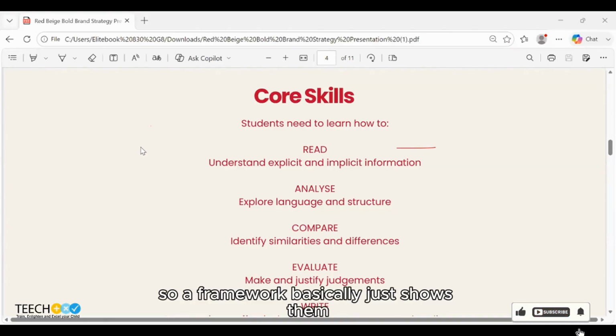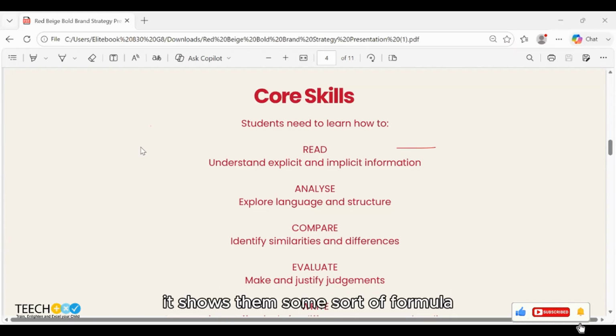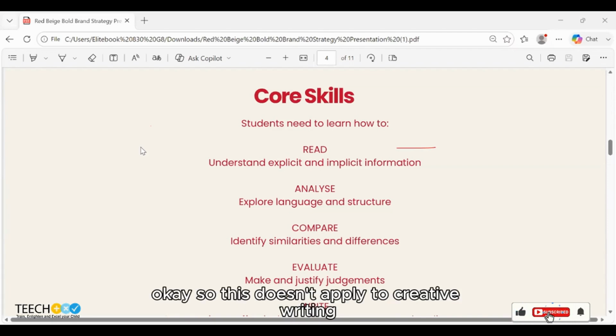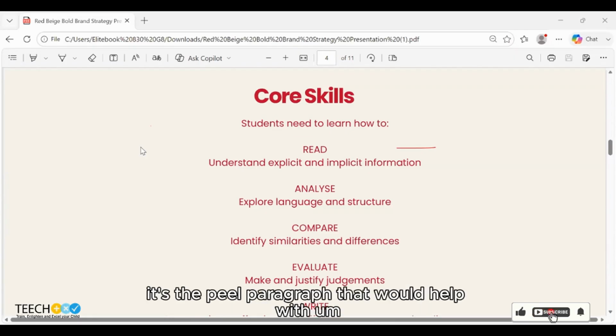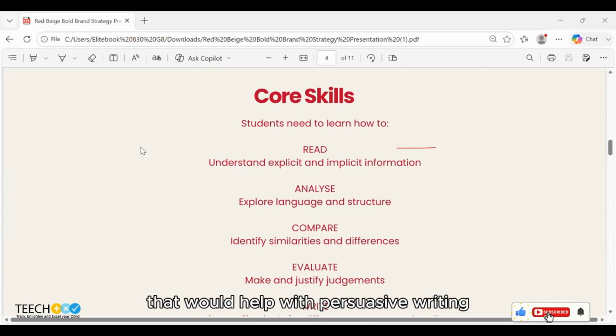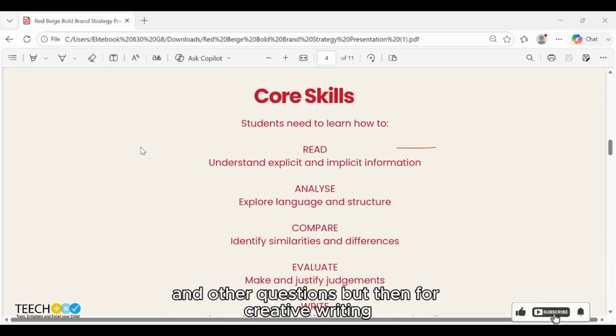So a framework basically just shows them some sort of formula on what to do and how to do it. Do you get? One of those, okay, so this doesn't apply to creative writing. This applies more to persuasive writing and answering other questions, right? It's the pure paragraph. That would help with persuasive writing and other questions.